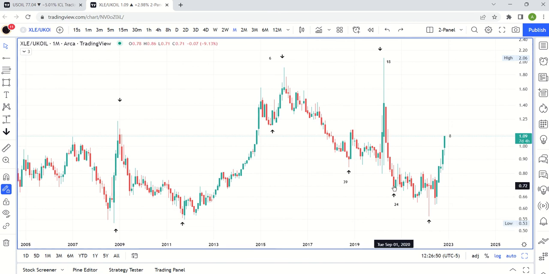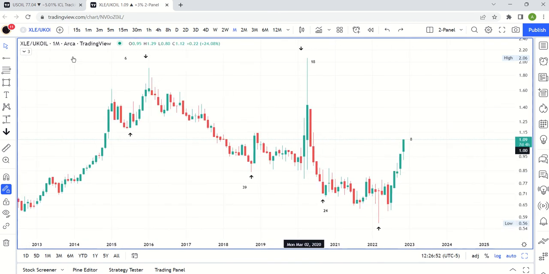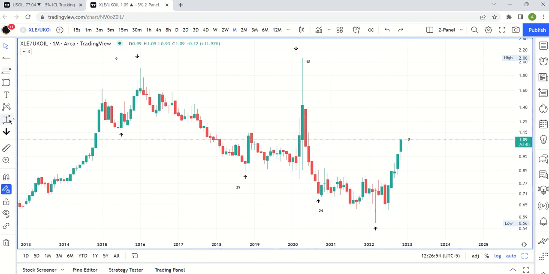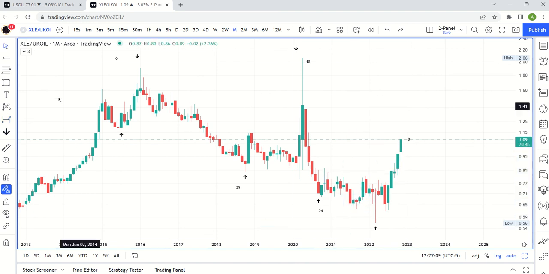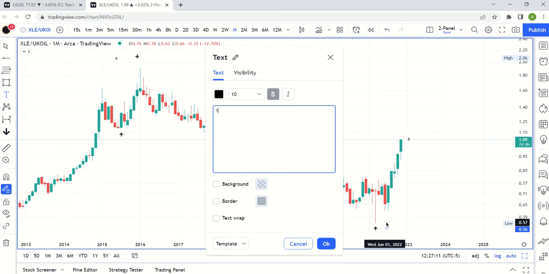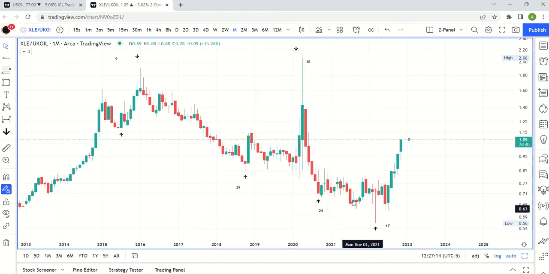We make this low here, and then we make another low down here. I guess, what's the length of that? There's no reason why these things have to be an exact length, but that would be 17 months. And so this is 25. Okay, so if this cycle is just 17 months, the high would be here, right?